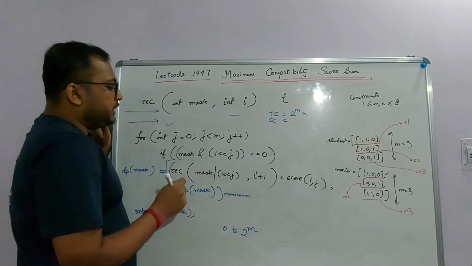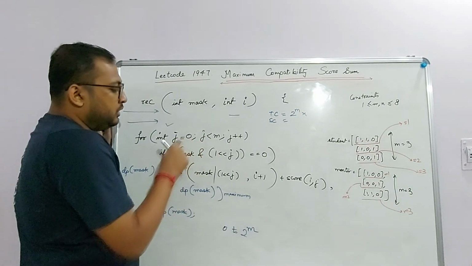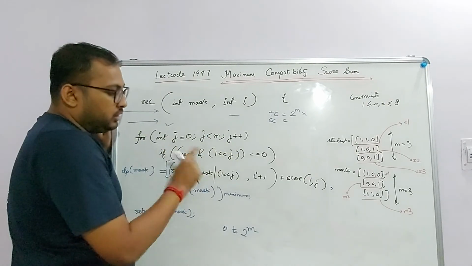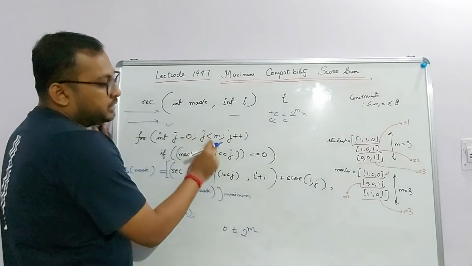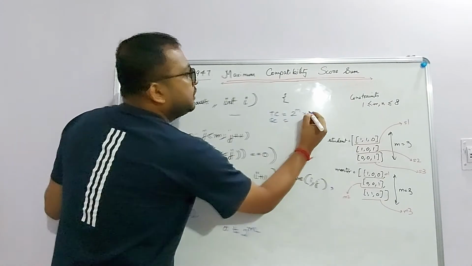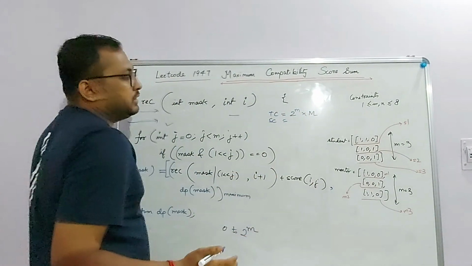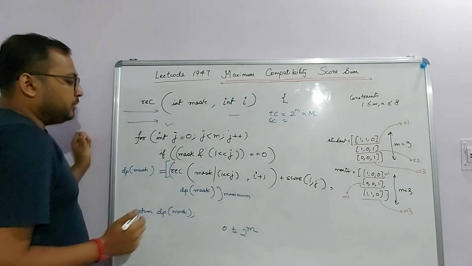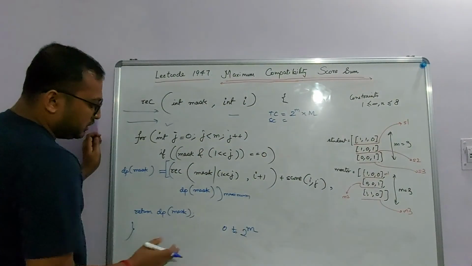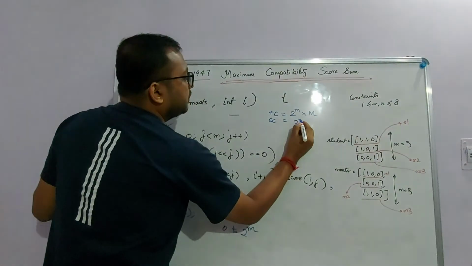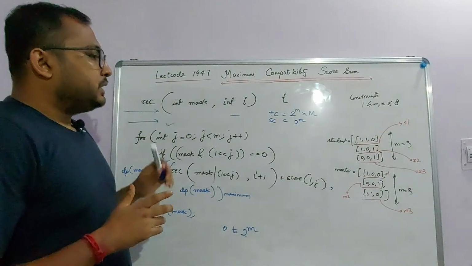At every recursive call we iterate from j = 0 till m, we check for each bit and we call that. So there are m transitions. So 2 to the power m states cross m transitions. That's the time complexity for this problem. And what is the space complexity? Because we have taken a dp array of size 2 to the power m, it is nothing but 2 to the power m. So that's the idea for the solution.